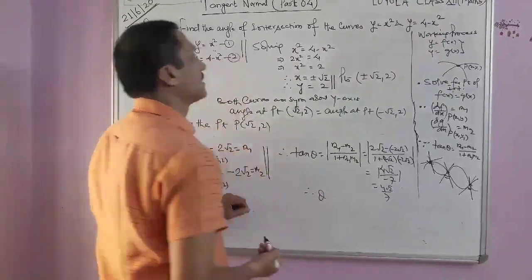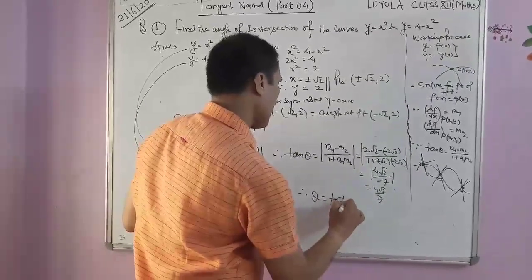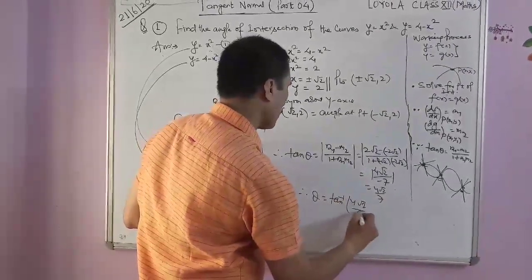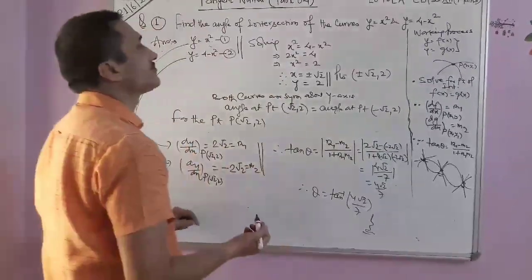Therefore our required angle of intersection is theta equals tan inverse 4 root 2 upon 7. This is our required answer.